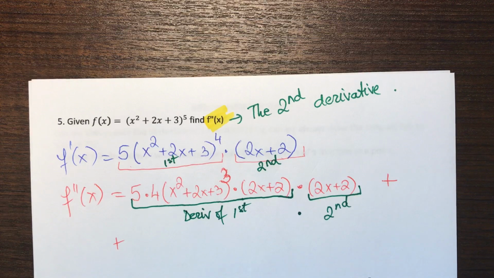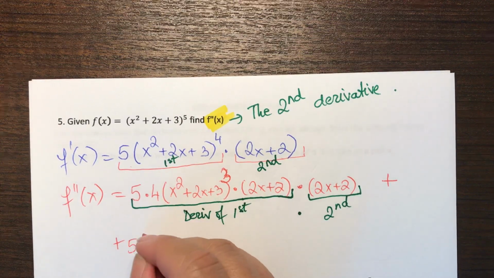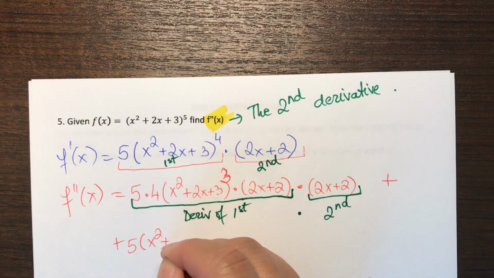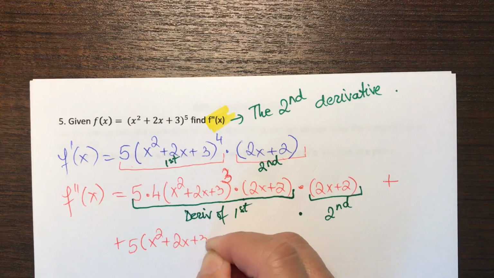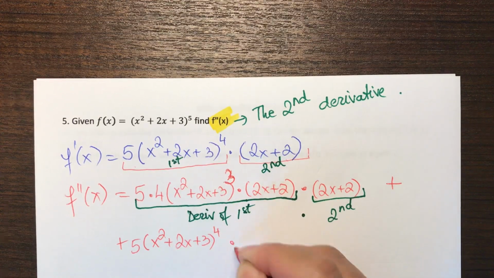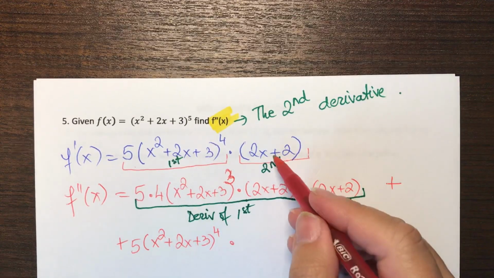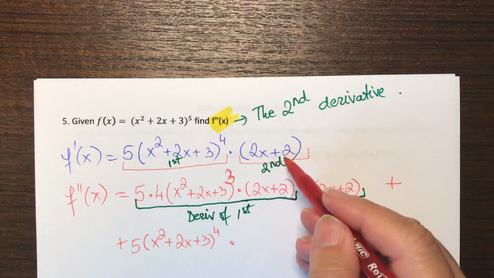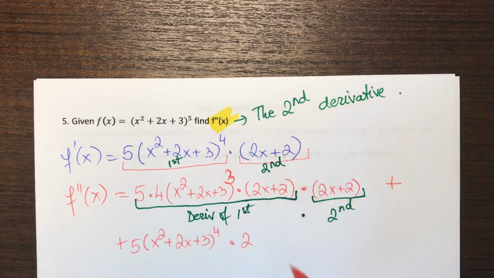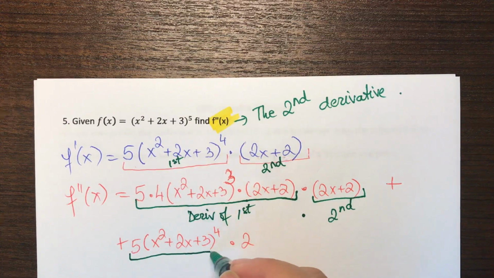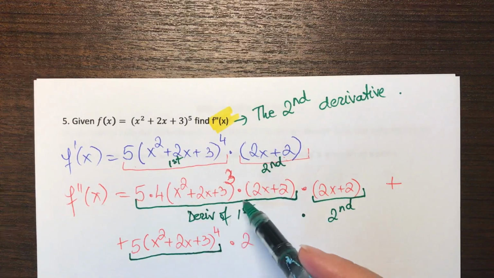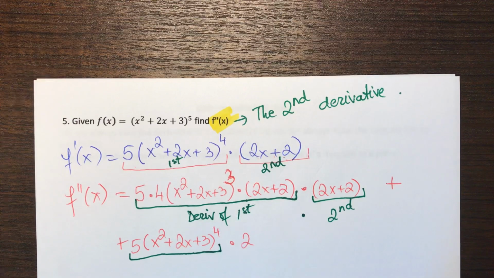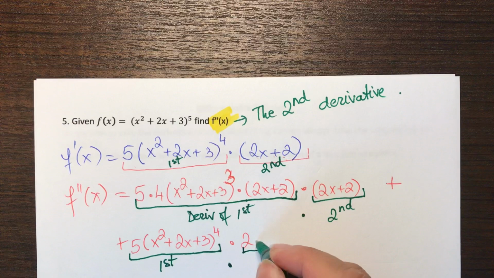Leave the first one alone, so 5 times x squared plus 2x plus 3 to the 4th times the derivative of the second factor. What's the derivative of the second factor? That's just the 2. Okay? So the product rule says take the derivative of one at a time. So the derivative of the first times the second plus the first one as it is times the derivative of the second.